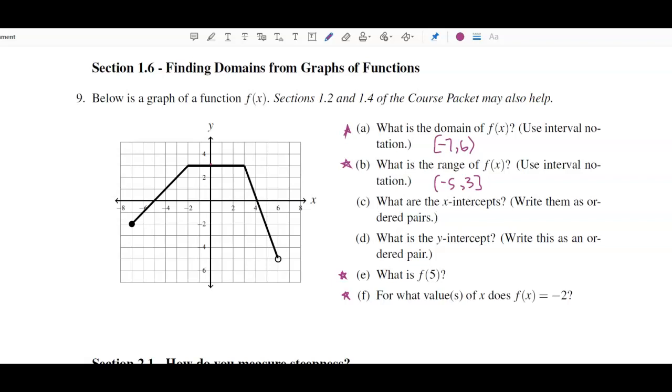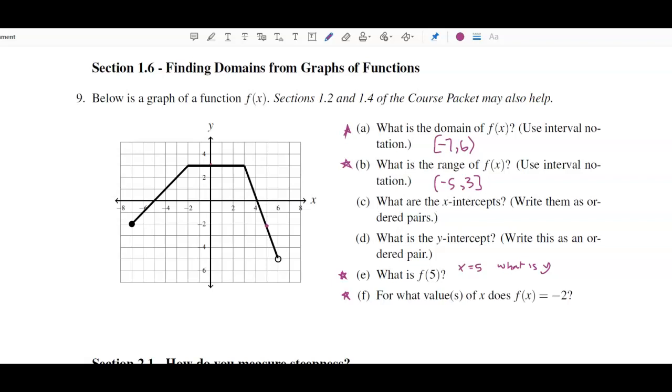Okay. And then if it says, what is f of 5, right? So again, remember, this is saying when x equals 5, what is y? Right? So if we look at x equals 5, so go over 5, and then we figure out where on the graph is that. Well, it looks like here, and we're just going to approximate that a little bit here.